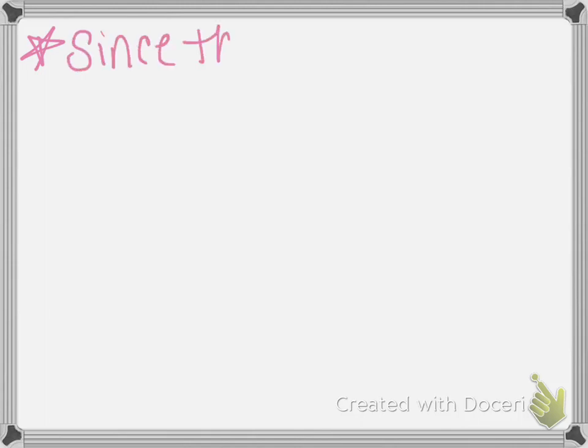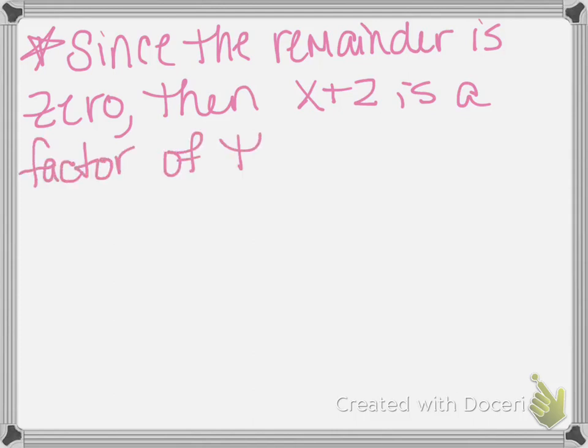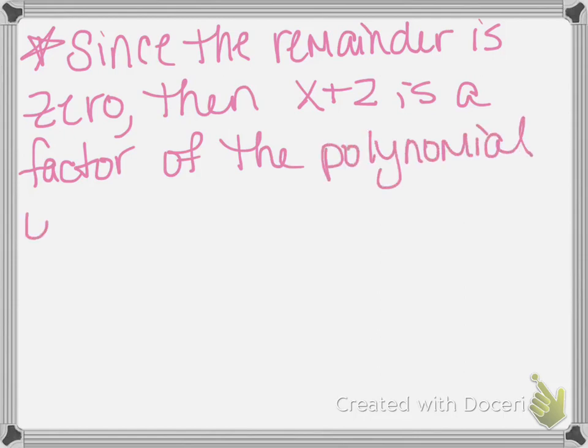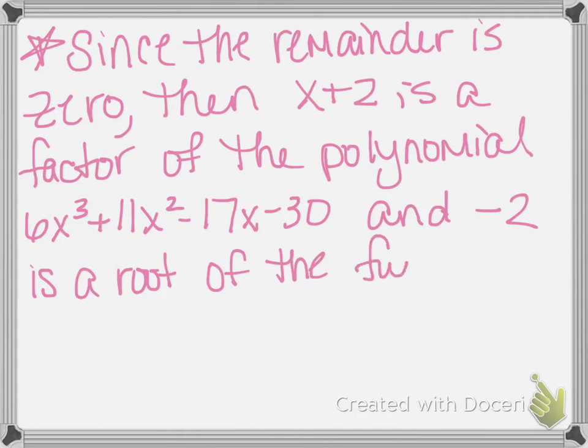Since the remainder is 0, then x plus 2 is a factor of the polynomial 6x to the third plus 11x squared minus 17x minus 30, and negative 2 is a root of the function.